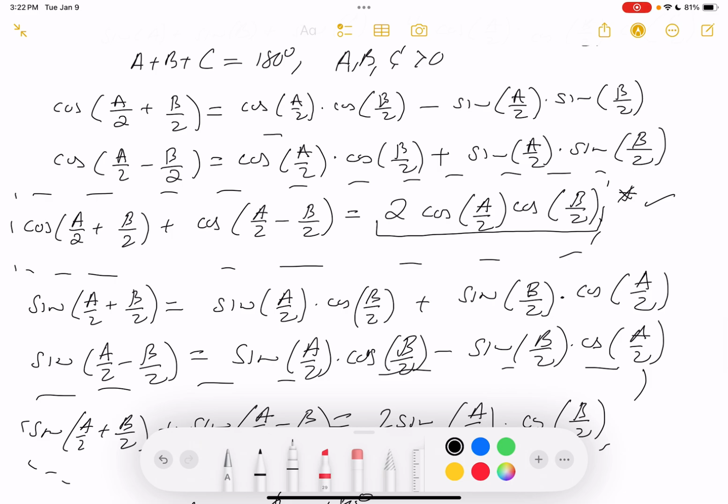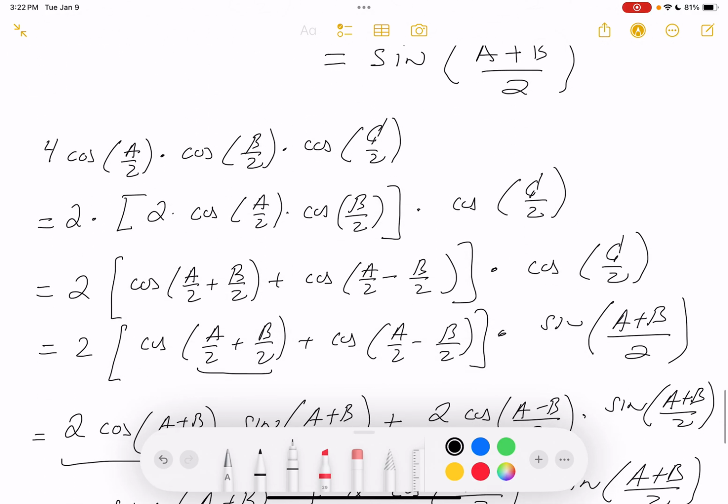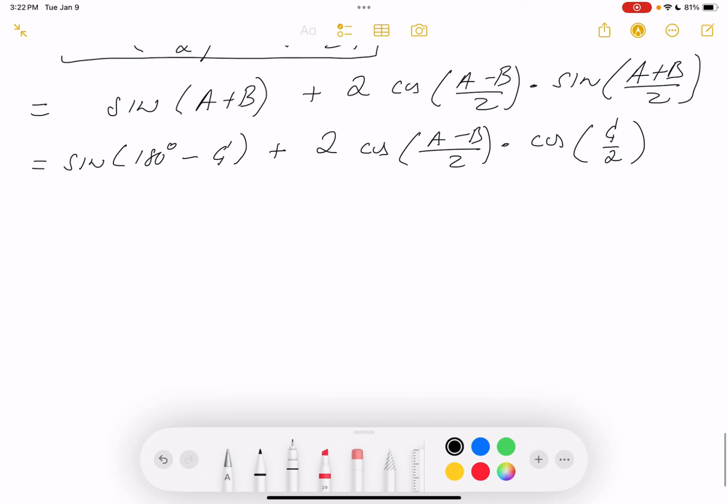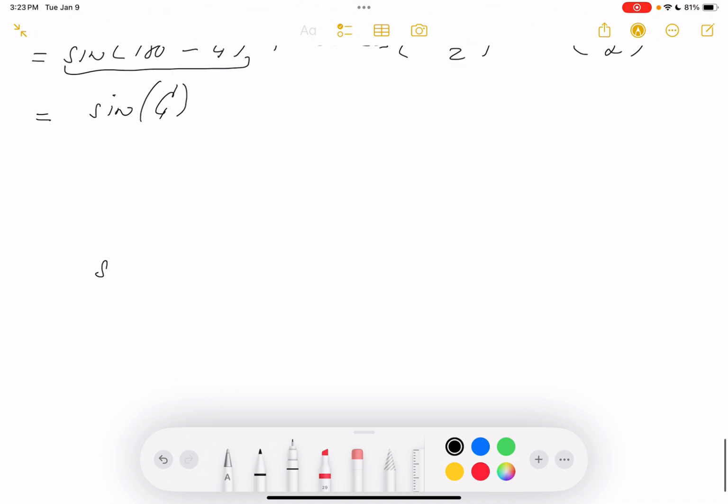I'm seeing that right over here, right? Let me write this one down now. This is going to be the sine of C. That's this term over here. Let me just verify that for you.